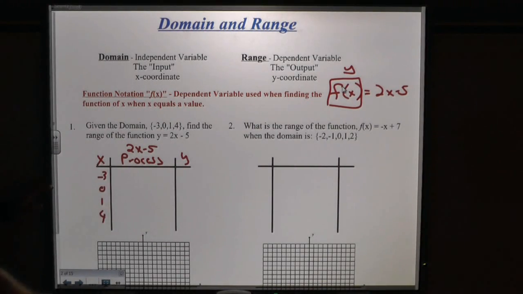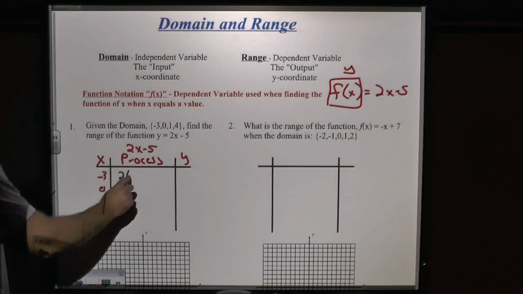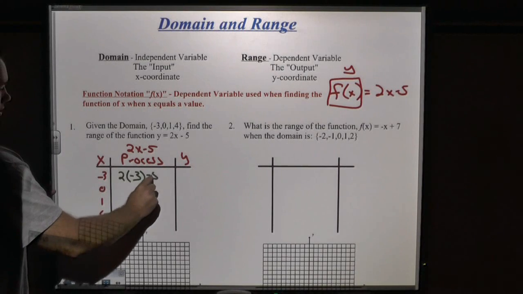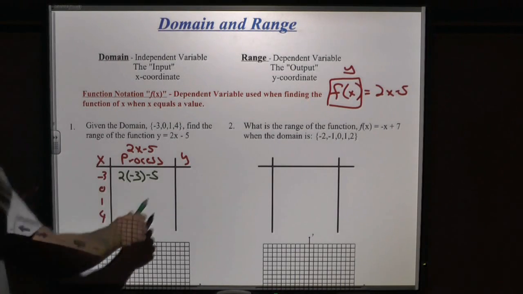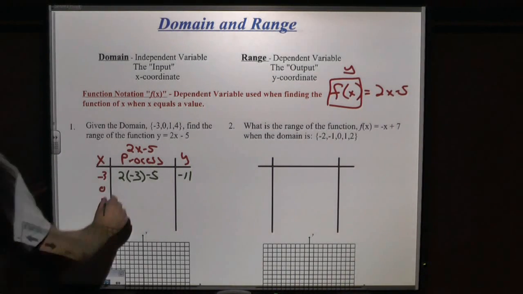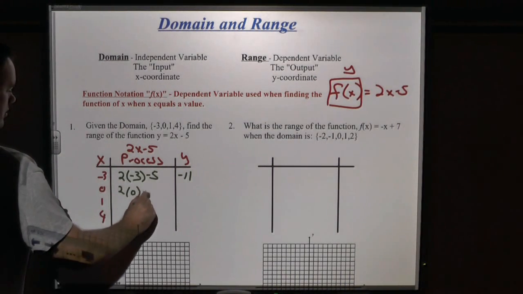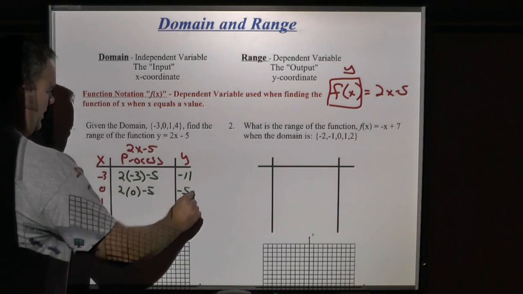As we look at this, 2 times x, where x is -3. We plug that in and solve. 2 times -3 is -6. -6 minus 5, same signs, add them together, you get -11. Next one: 2 times 0 minus 5. 2 times 0 is 0, and minus 5 is just -5.